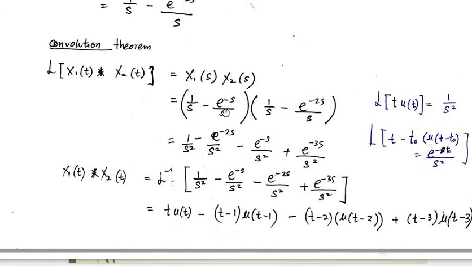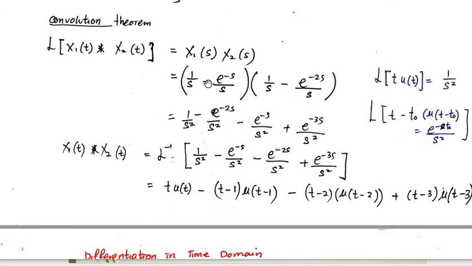Then minus exponent minus s divided by s squared. And then this one multiplied with this one, so plus exponent: this is minus s, this is minus 2s, so you get minus 3s divided by s squared. So this is the result of x1 multiplied with x2.